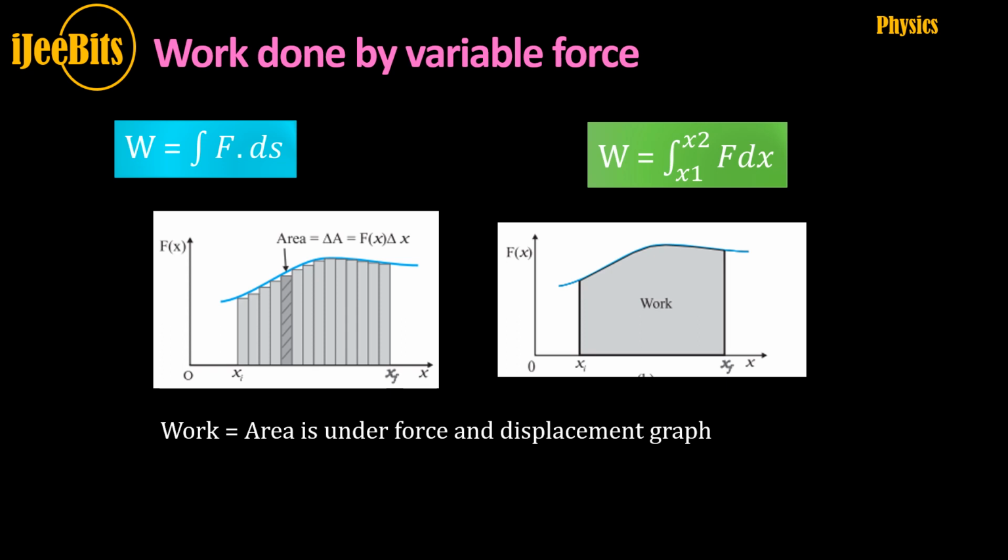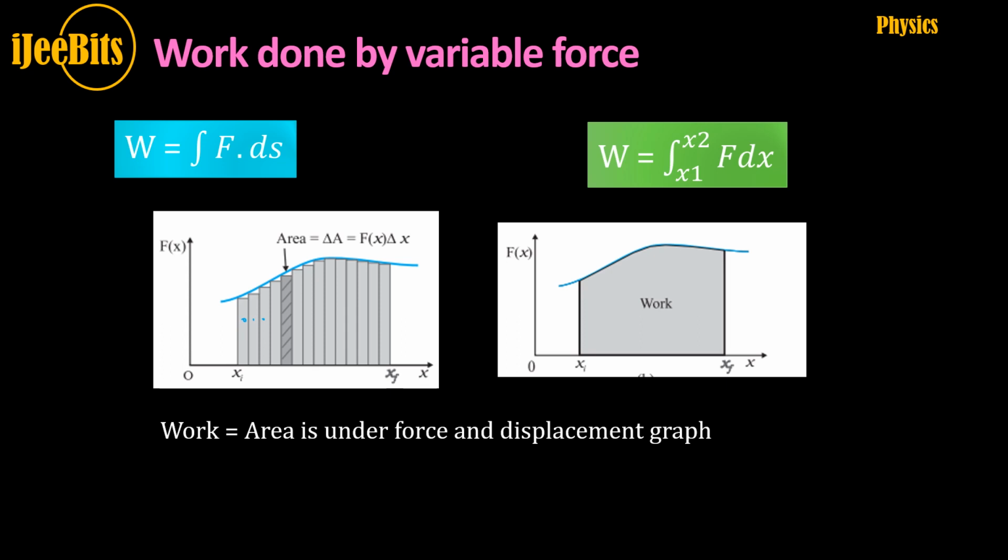Work done is the integral sum of all the small portions. In case of variable force, let's say the force is varying. What you have to do is put them into little segments, and in every segment calculate the work done in this portion, this portion, this portion. Like that you calculate all the individual finite work done, and then sum them to get the total work done.